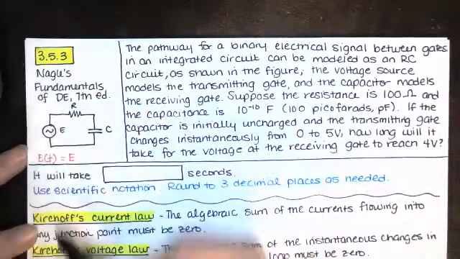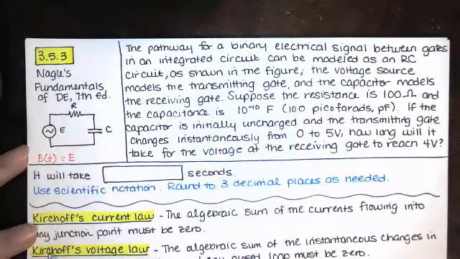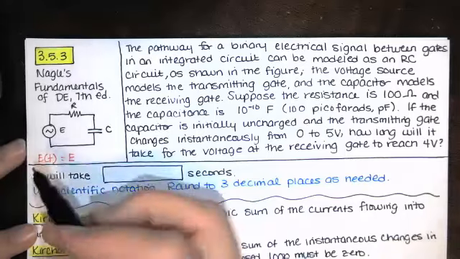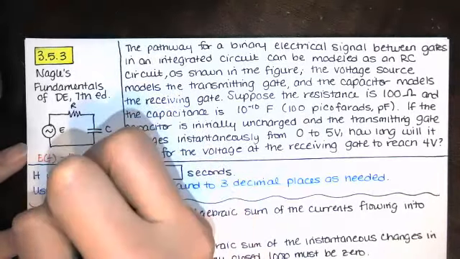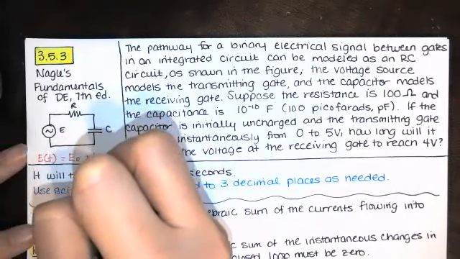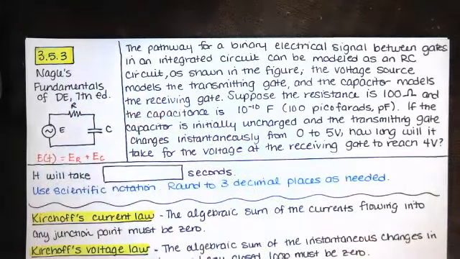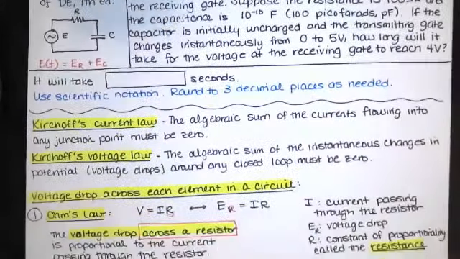And due to Kirchhoff's voltage law, this source is going to equal the voltage drop across the resistor plus the voltage drop across the capacitor. And that's going to be enough for us to write down our differential equation.